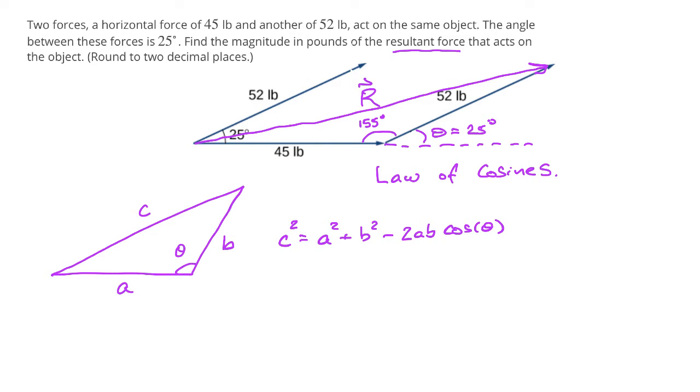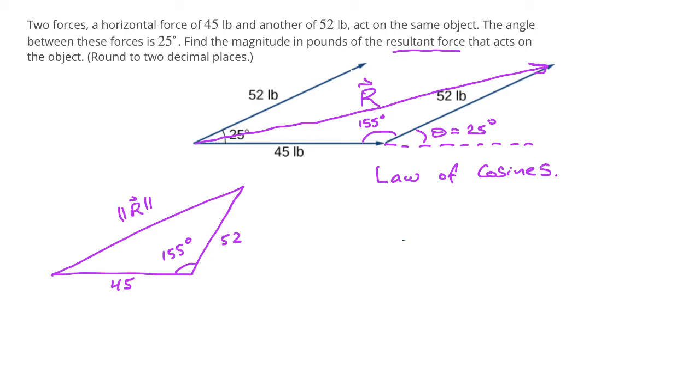So what this means really for our forces is that we have the following picture. We have one side of size 45 pounds, another side of size 52 pounds. The angle between them is going to be 155 degrees, and for the opposite side, we need to know the magnitude of the resultant.